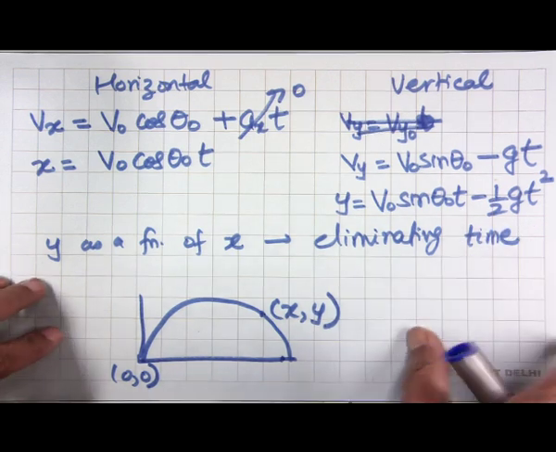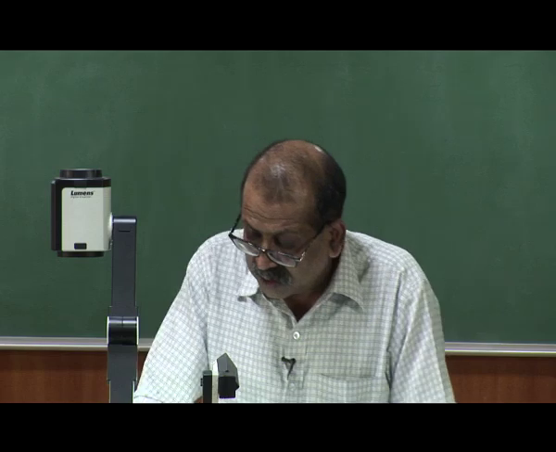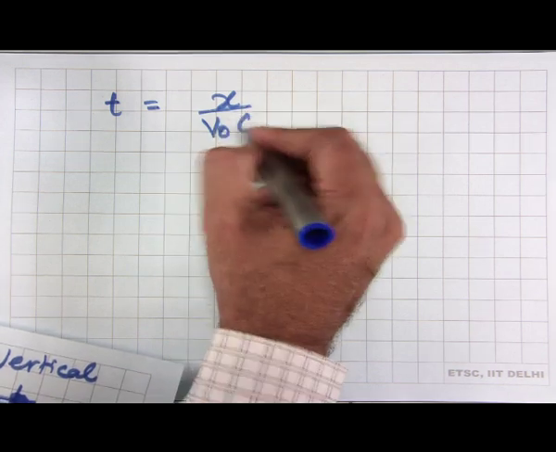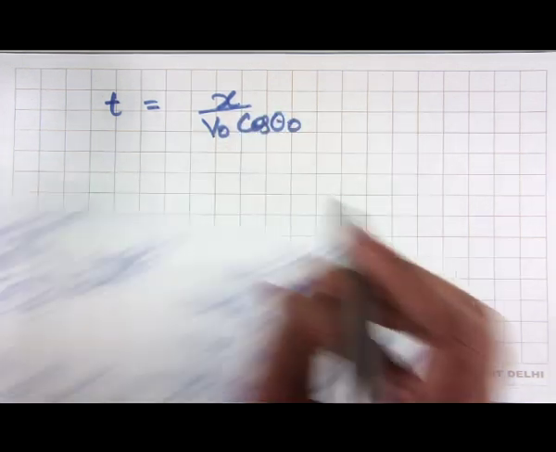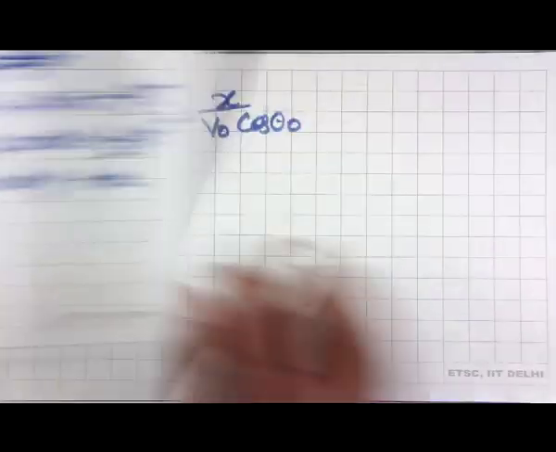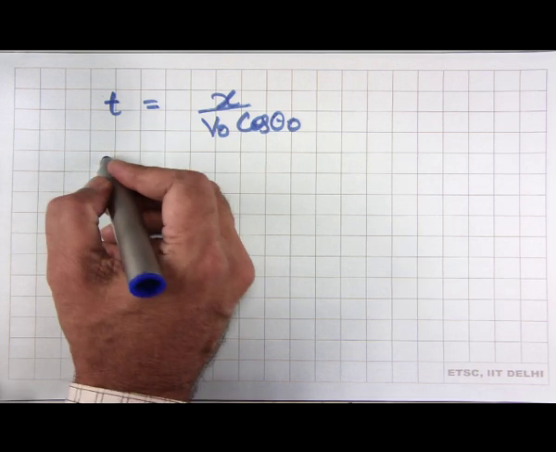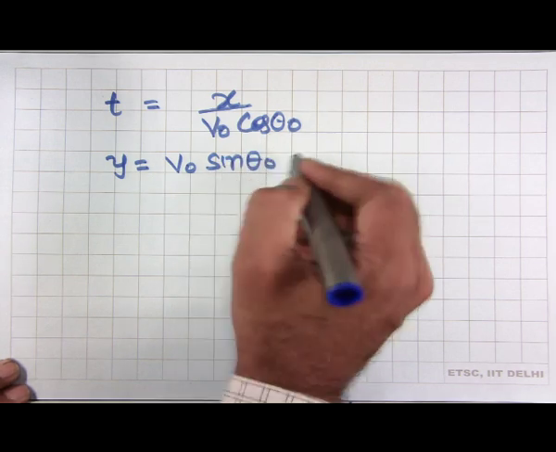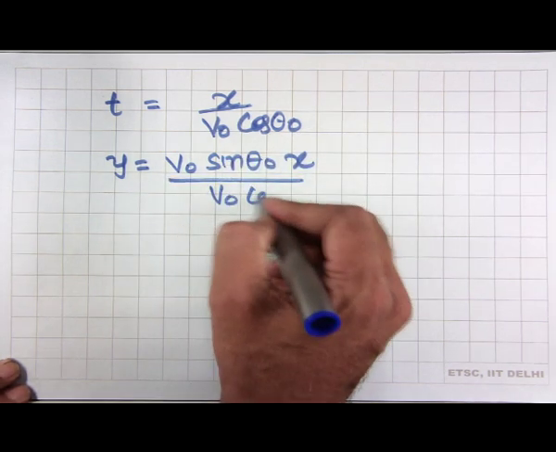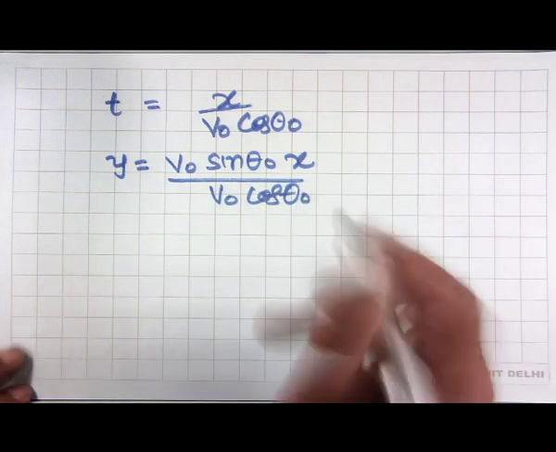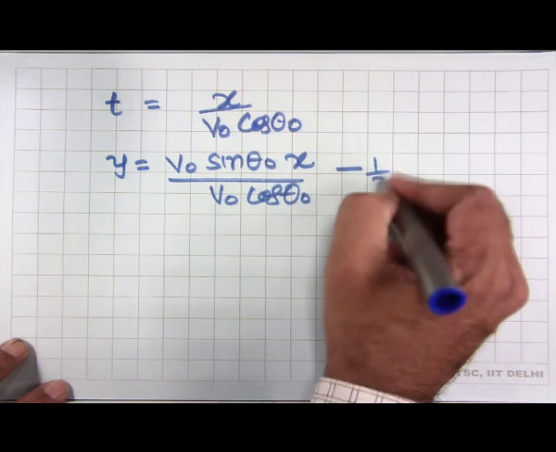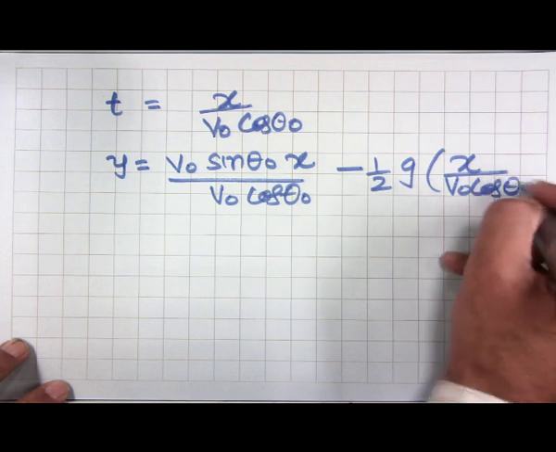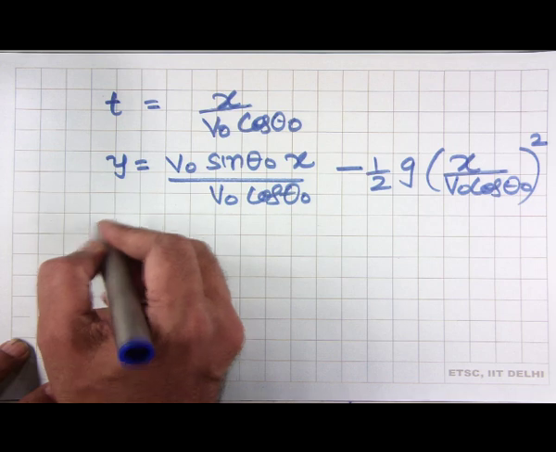If we do that, t is equal to x by v0 cos theta 0, and then we put this in the expression for y. So, we get y is equal to v0 sin theta 0 times x by v0 cos theta 0 minus half g times x upon v0 cos theta 0 whole square.